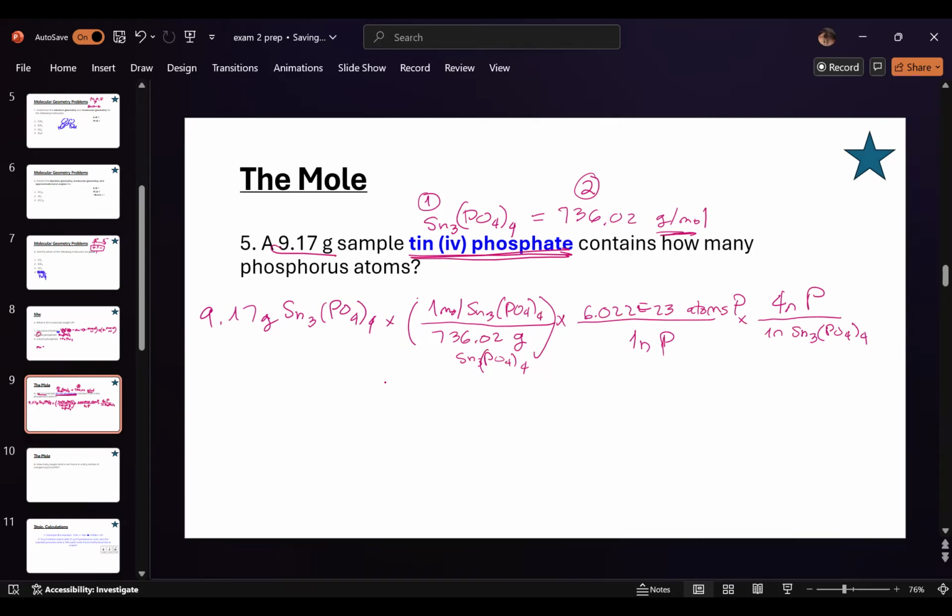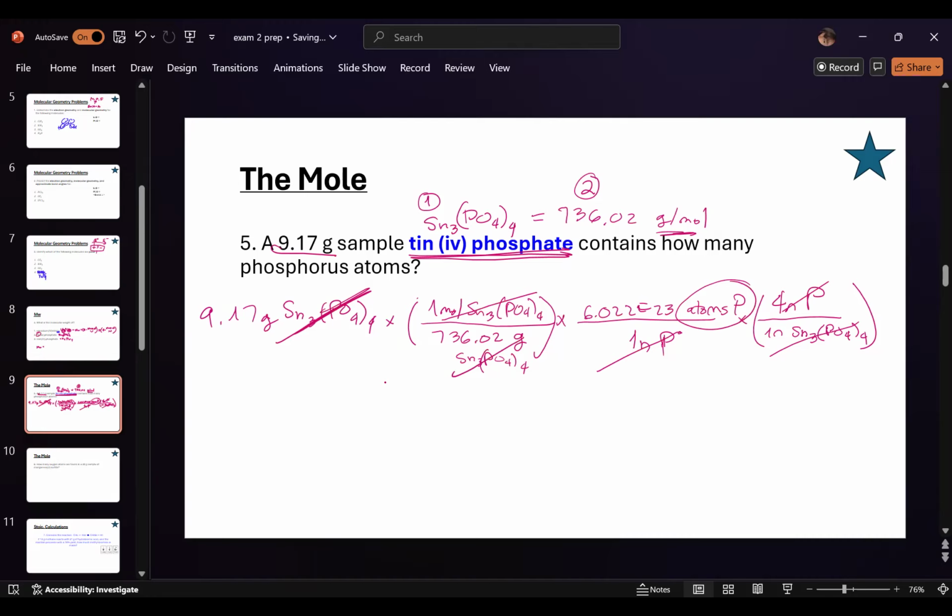This will make more sense to do first, but it's essentially the same thing, because grams cancel grams, and you're canceling out the mole right here. So you have in total the atoms of phosphorus.